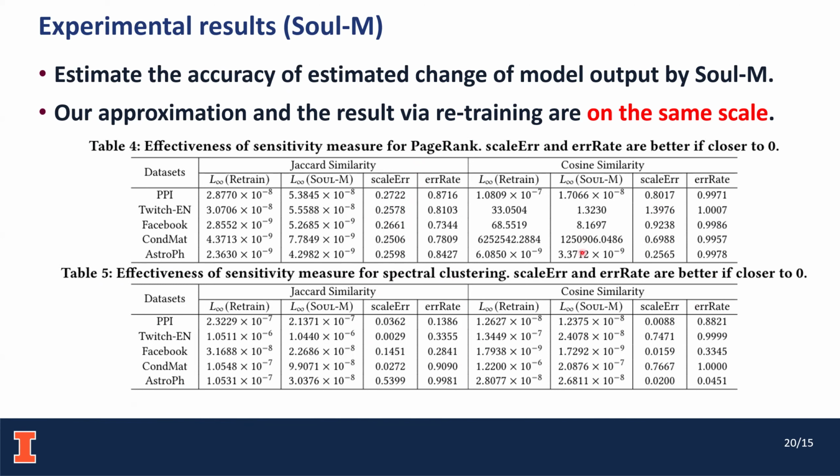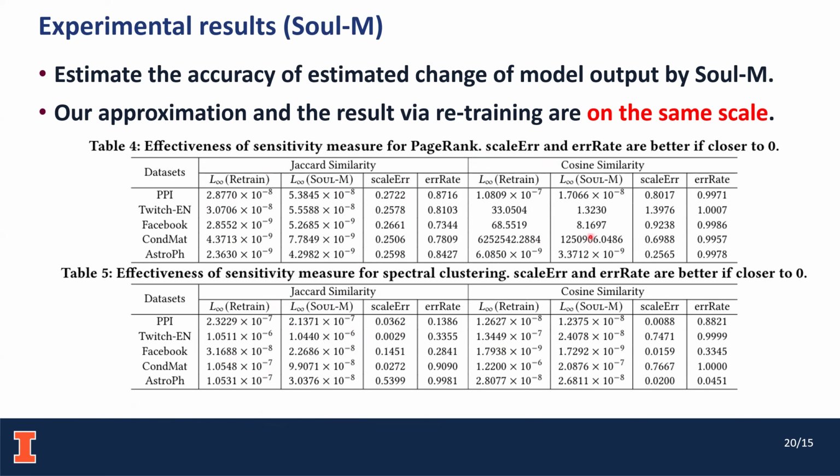And an interesting observation is that the Jaccard similarity is actually more stable than the cosine similarity for PageRank, as you can see. With the Jaccard similarity, the change in the output is generally smaller than with the cosine similarity. On the contrary, for spectral clustering, the sensitivity of the Jaccard similarity is larger than the cosine similarity.